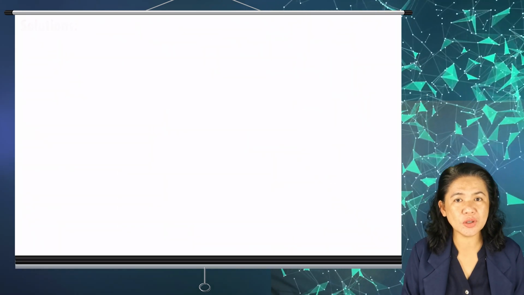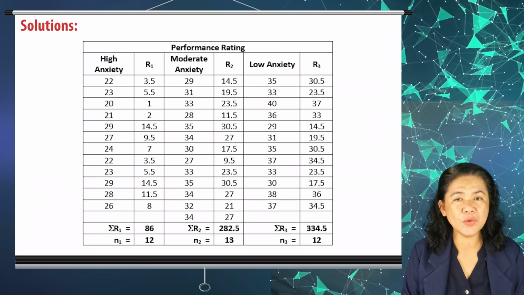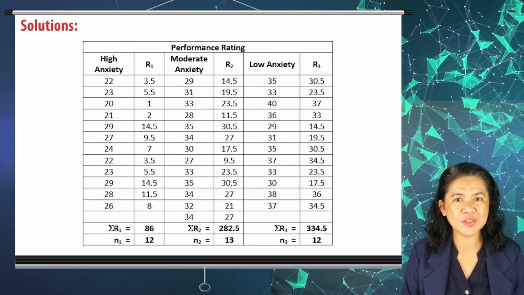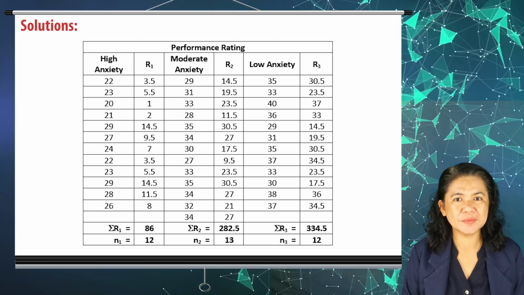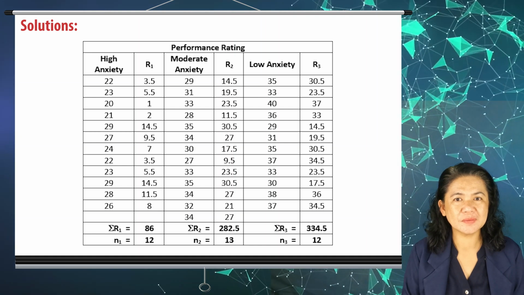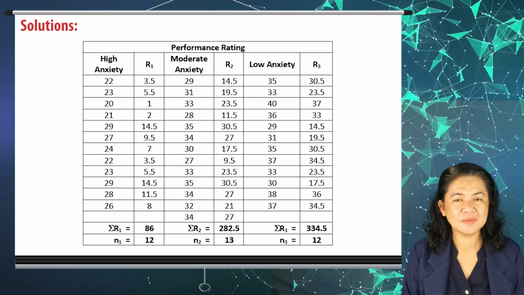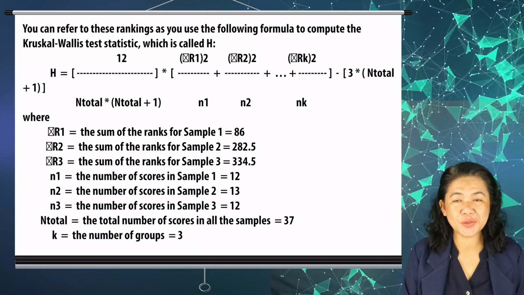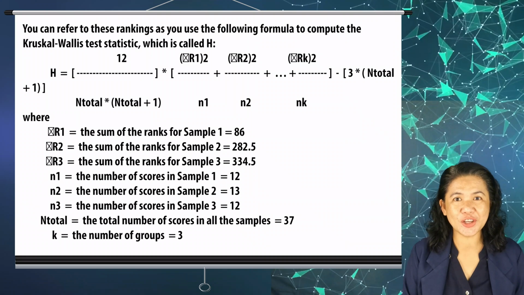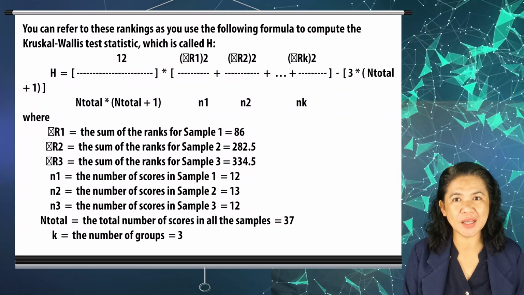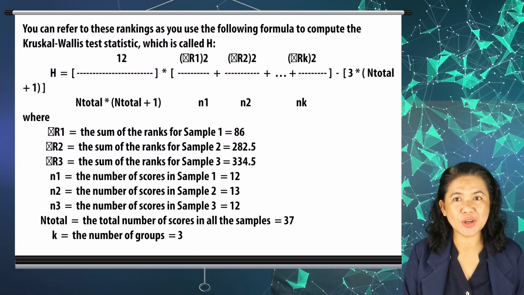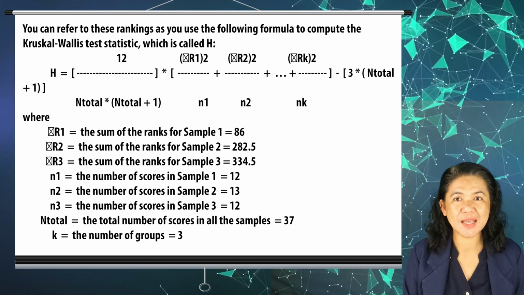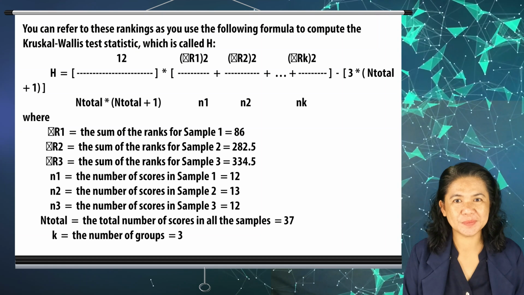Look at the solutions on how this particular question is being solved. You can refer to these rankings as you use the following formula to compute the Kruskal-Wallis test statistic, which is called H.